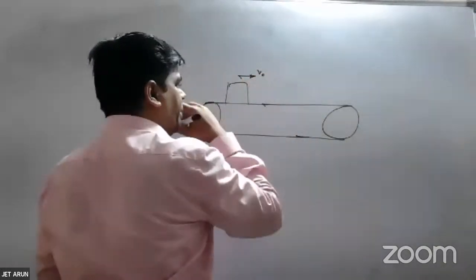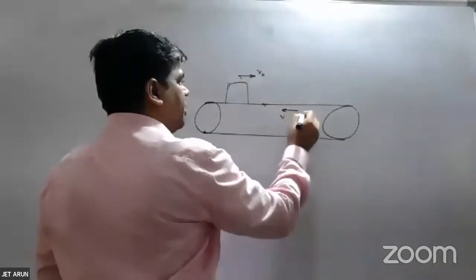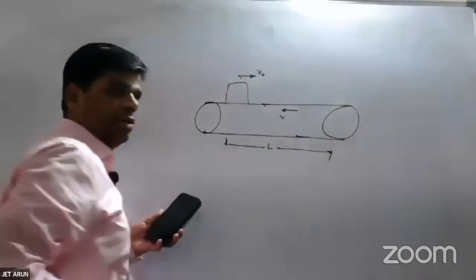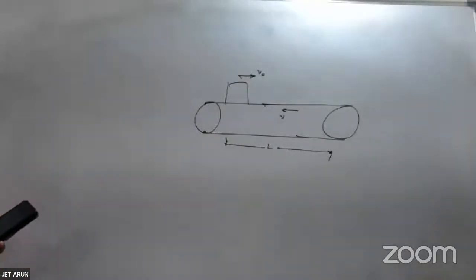This v naught is with respect to ground. The belt is moving with velocity v. It has to reach the other end, which is length L. All right.